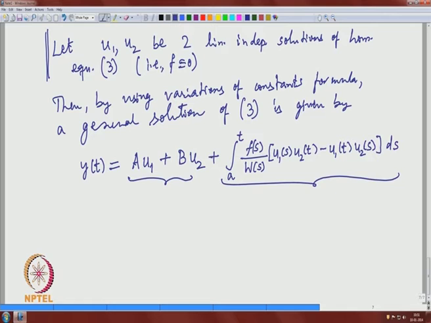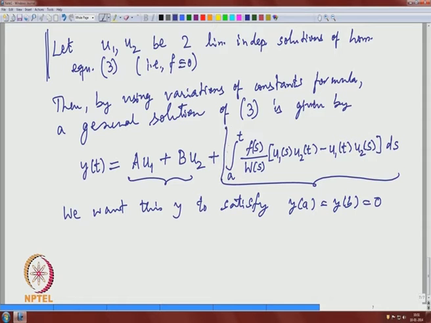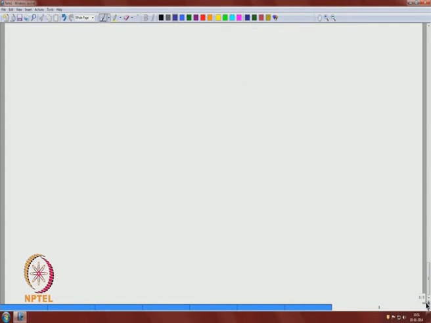Okay. Now, we want this y to satisfy the boundary conditions y a equal to y b equal to 0. Okay. And when t is equal to a, this integral is no more there, and that integral is there when t equal to b. So, let us write those two equations.